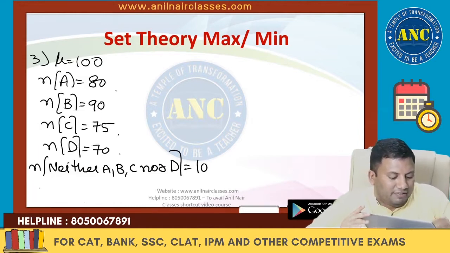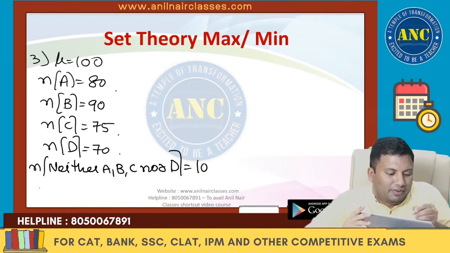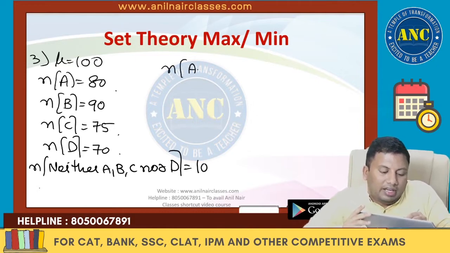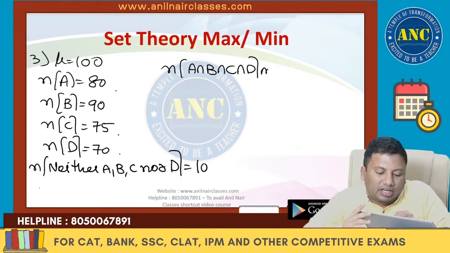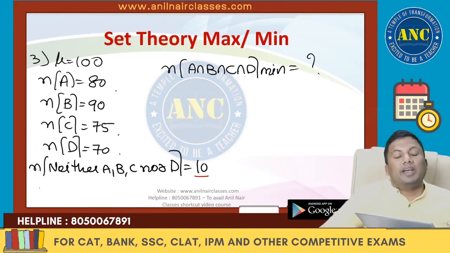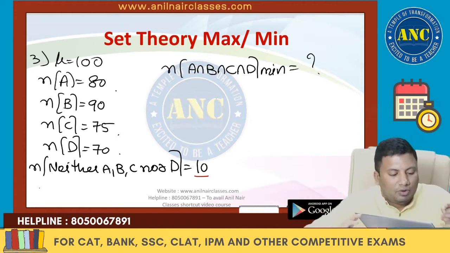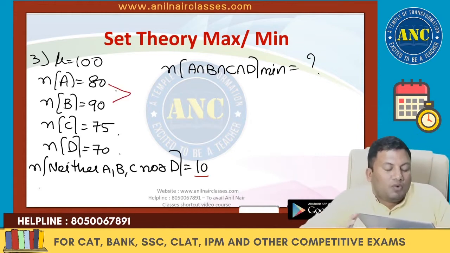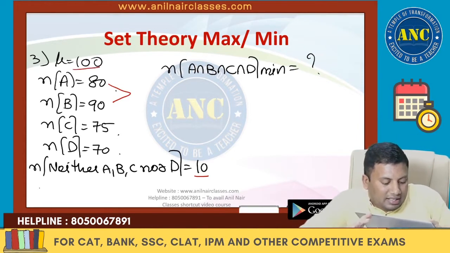90, 75. What will be the value of n of A intersection B intersection C intersection D? It is the minimum value we want. What we did previously, because it was 0, we took the base value as the mu value. 80 plus 90, 170. 100, 10 is there.